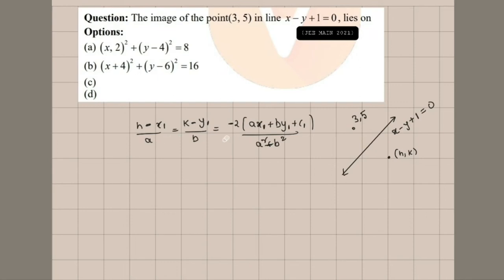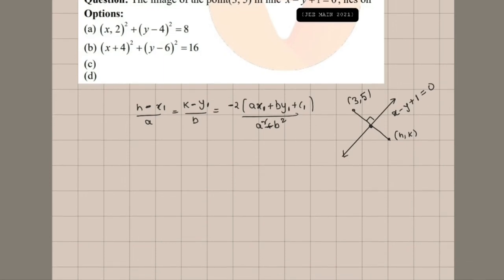You can use the direct result if you remember, or else you can solve by taking the midpoint of (3, 5) and (h, k) and substituting that midpoint in this equation, so that you get one equation. The other equation is that the slope of this line is perpendicular to this line, so the product of slopes is minus 1. Or if you remember this formula, you can solve directly.